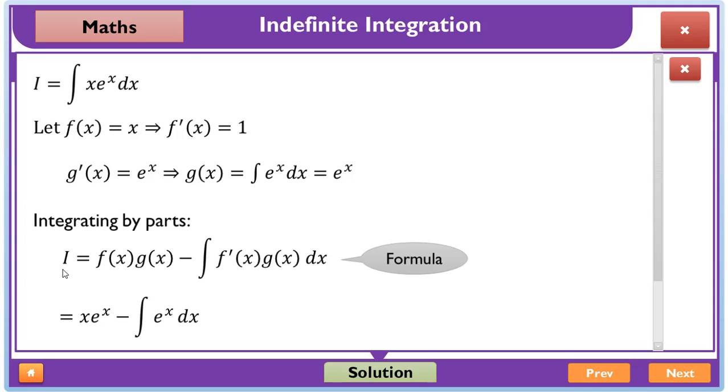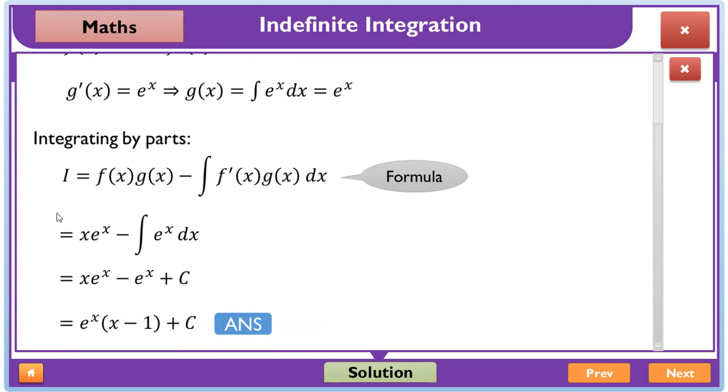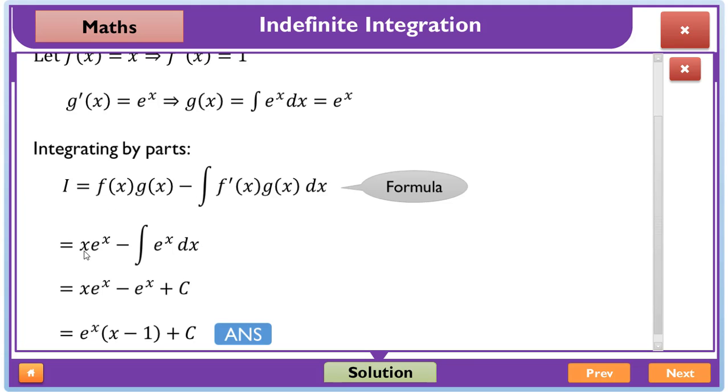So now the integration becomes f of x g of x minus the integration of f dash x g x dx. So f of x is x, g of x is e to the power x, minus the integral of e to the power x dx. Now the integral of e to the power x is e to the power x.